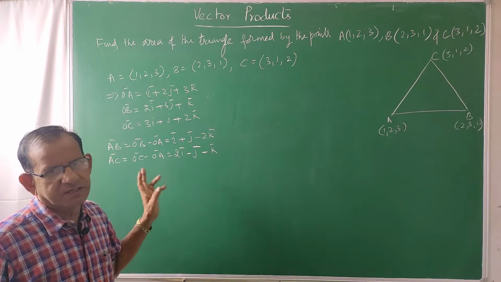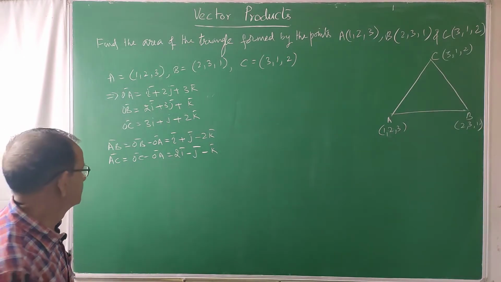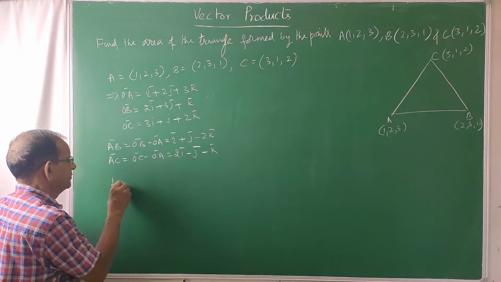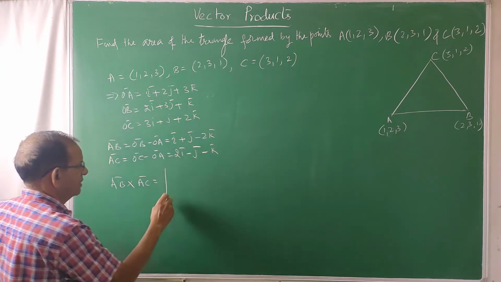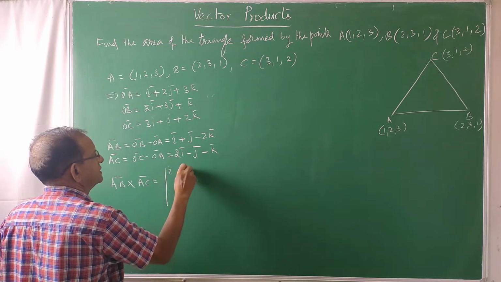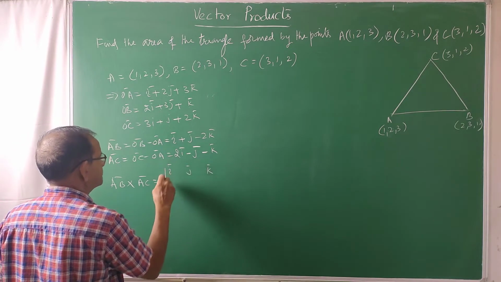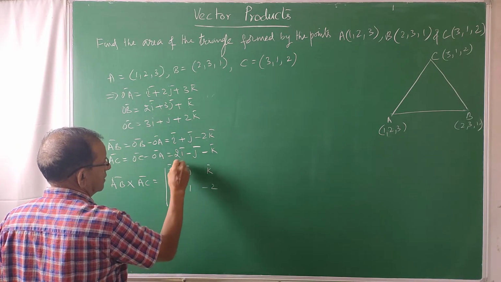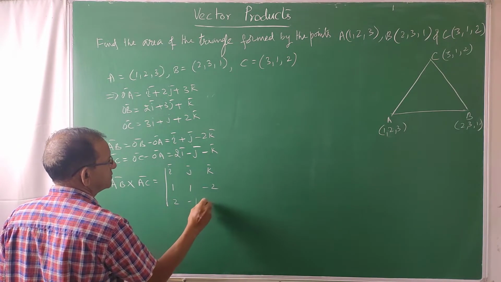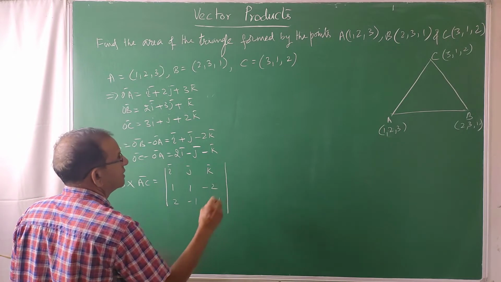Let us find the cross product of these two, AB bar cross AC bar. Now i, j, k, 1, 1, minus 2 and 2, minus 1, minus 1.